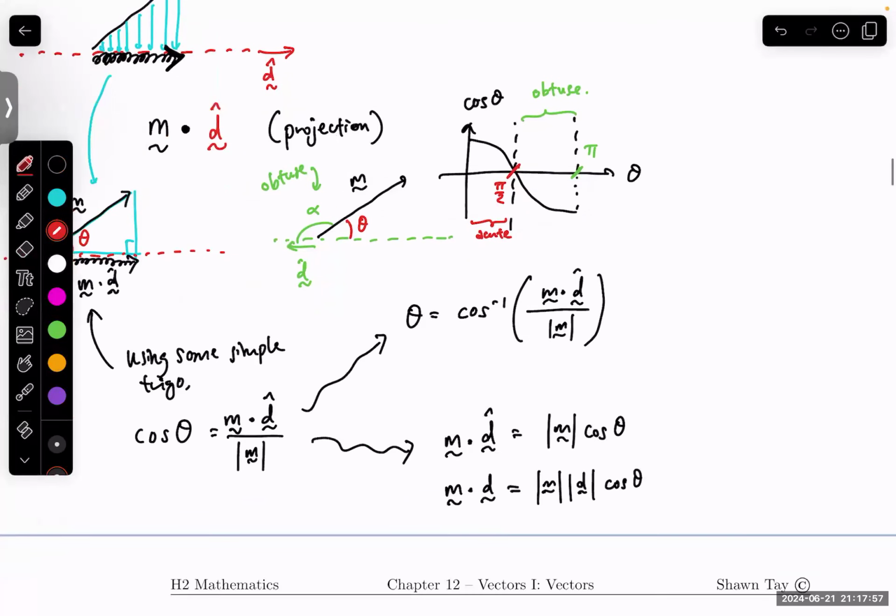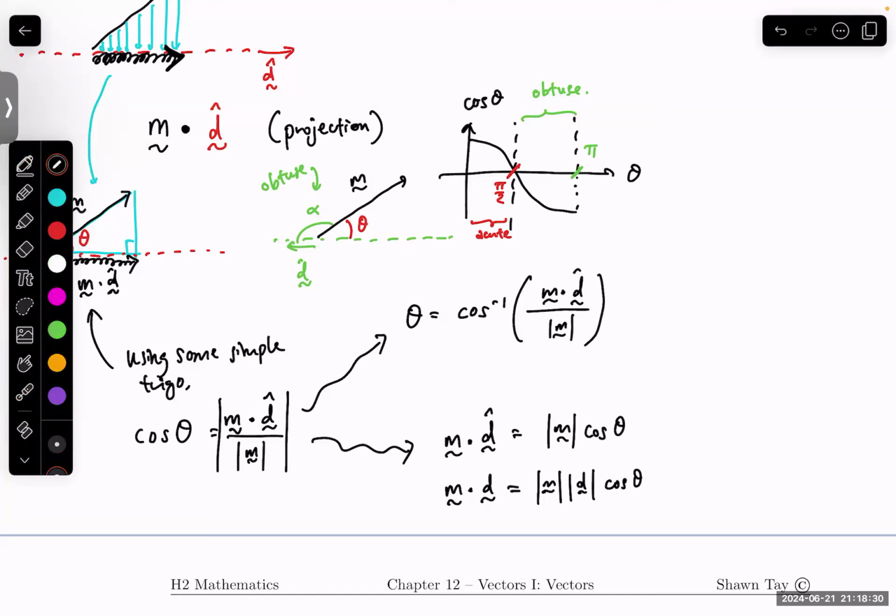So whenever we want to find an angle, we usually want to find the acute angle rather than the obtuse angle, because there's always going to be one acute, one obtuse, unless it's a right angle. So we just pick one to focus on. And by convention, we focus on the acute angle. So how to get the acute angle? You simply modulus this thing.